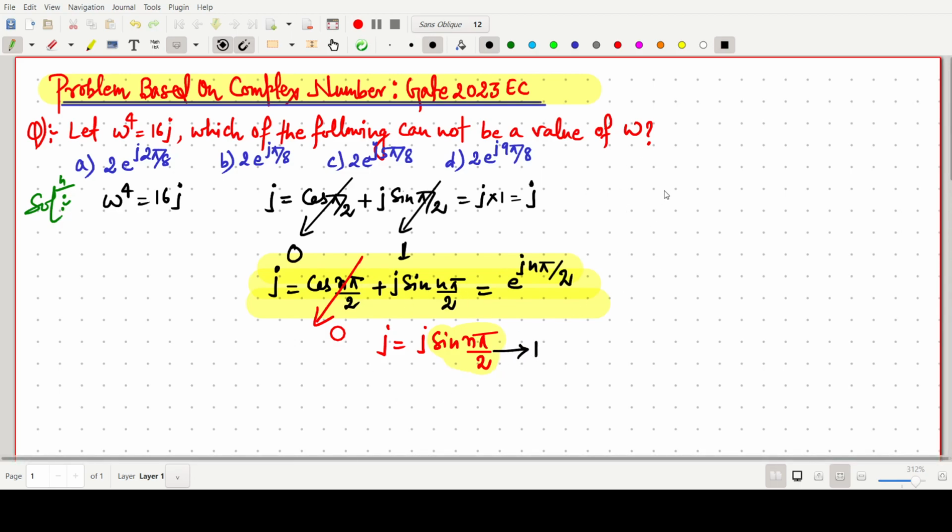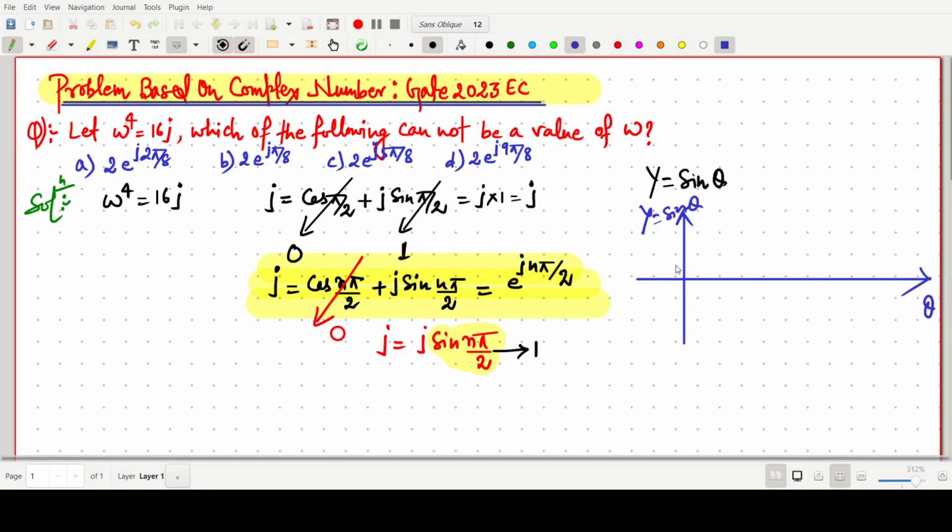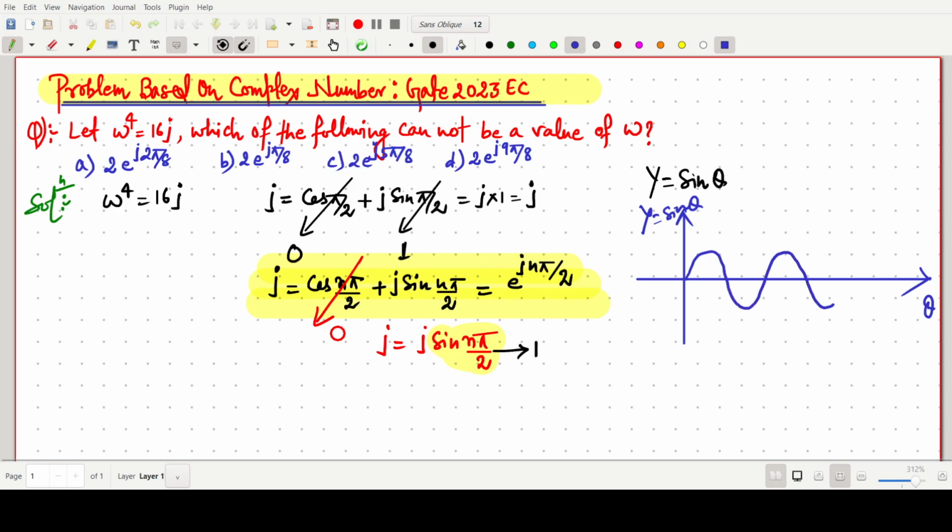Before that, I want to show you one important graph, y equals sine theta. If we plot a graph between y, that is sine theta, and theta, because this is very fundamental, and draw the graph like this, it is just the graph of sine x.